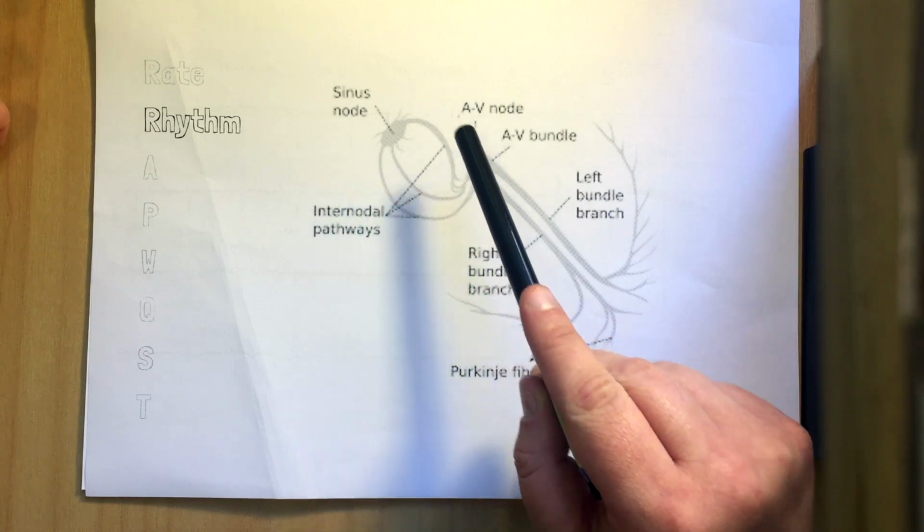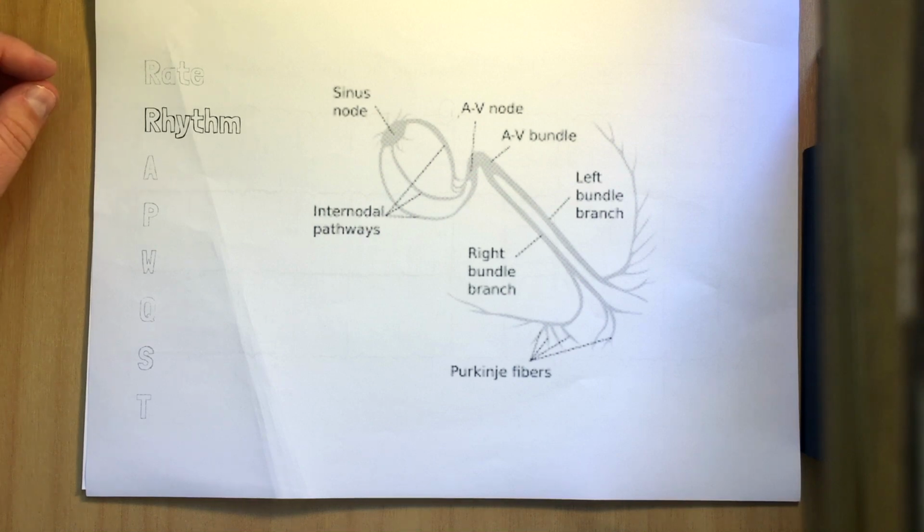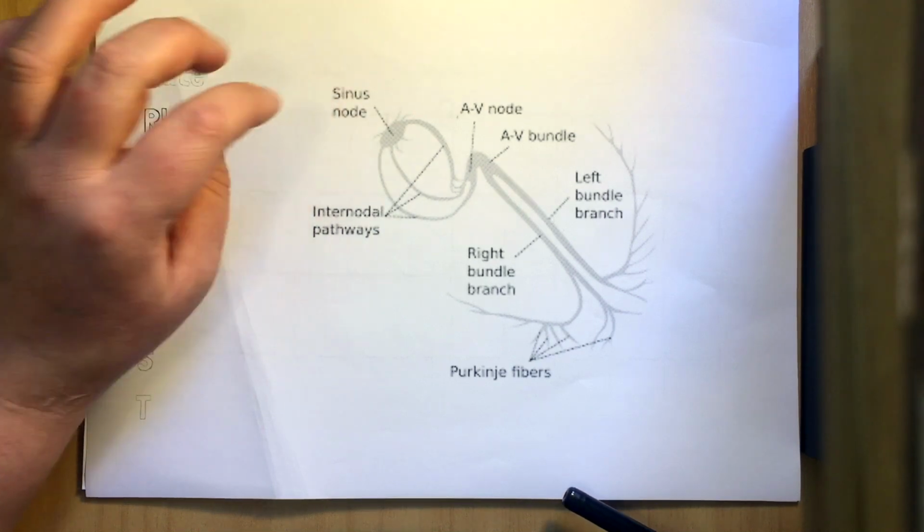There's a delay, and then they get conducted down the AV bundles, or the bundle of His, which has left and right bundle branches, to Purkinje fibres, and into the ventricles. And so this all causes the atria to contract together, and then the ventricles to contract together. So in a normal situation, the electrical activity of the heart comes from the sinus node.